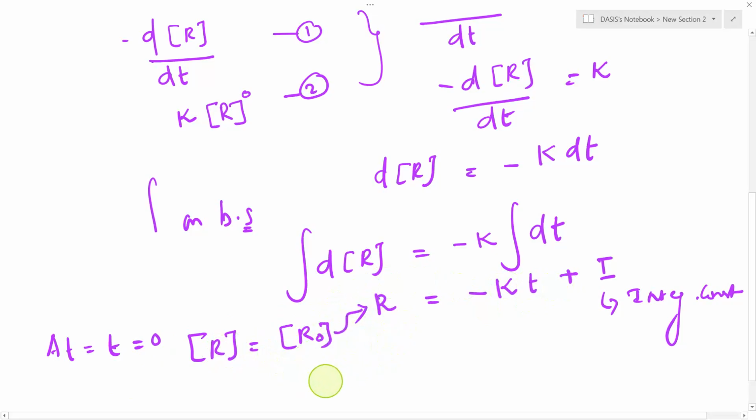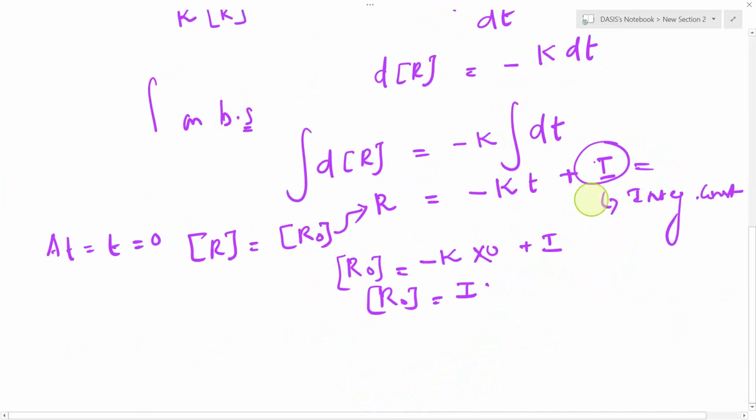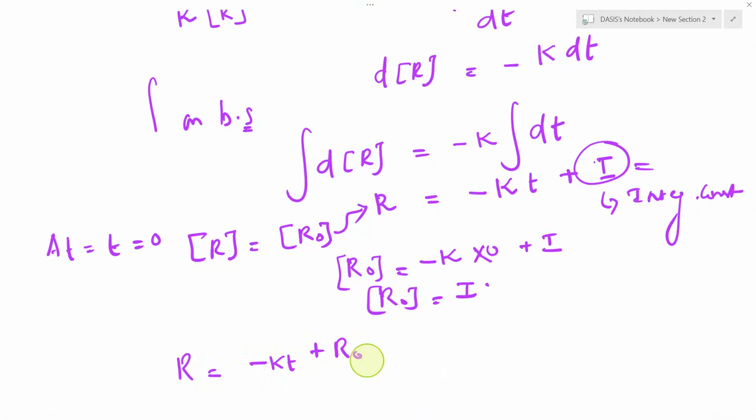So this equation can be written as R is equal to R naught. So let me write R naught in the place of R. That is equal to minus k into 0 plus I. So we get R naught is equal to I. So substitute the value of I in this equation. So R is equal to minus kt plus R naught.